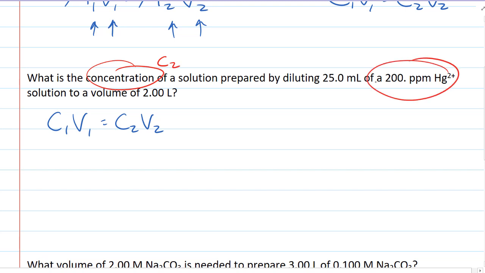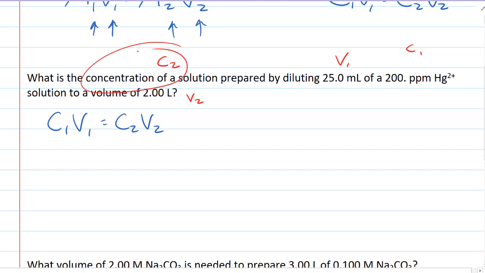So that must mean that this concentration here would be C1. And the 25 milliliters must be V1, and the 2.00 liters must be V2. So before beginning any of these with this formula, I always recommend that you go through and label each one so you know what it is you're looking for and what you're given.